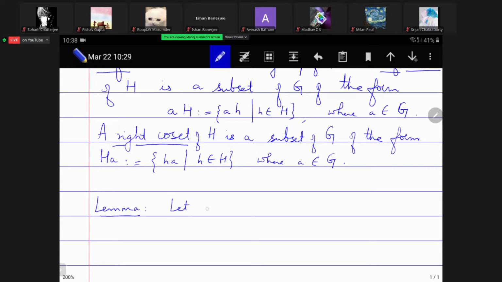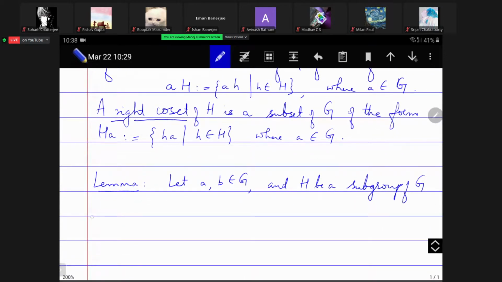Let a and b be inside G and H be a subgroup of G. Then exactly one of the following situations holds.